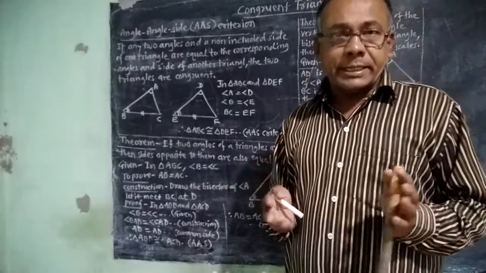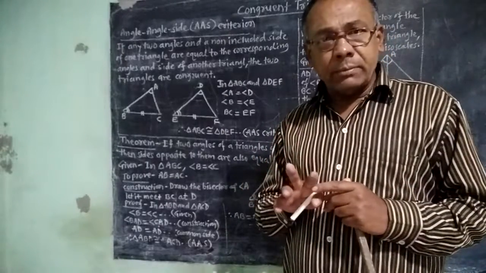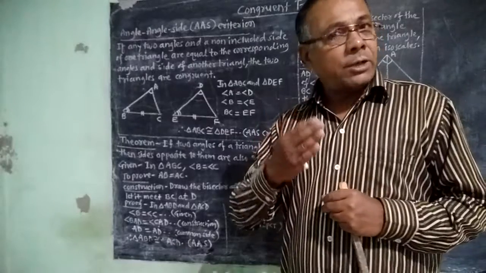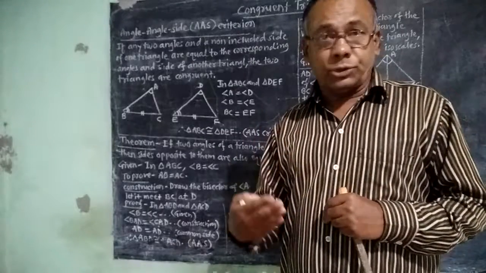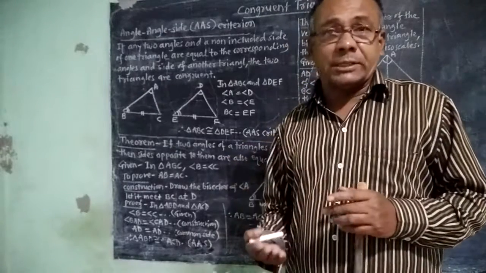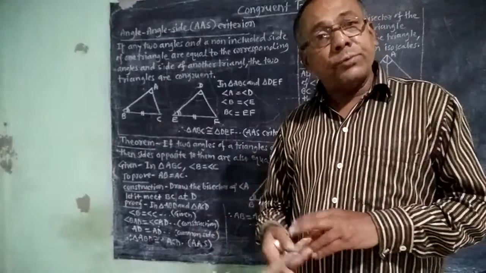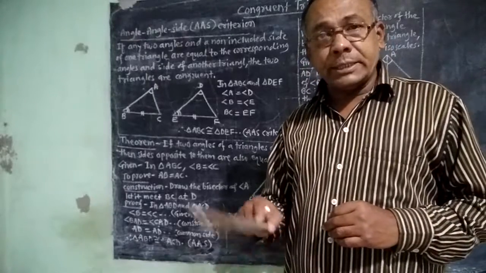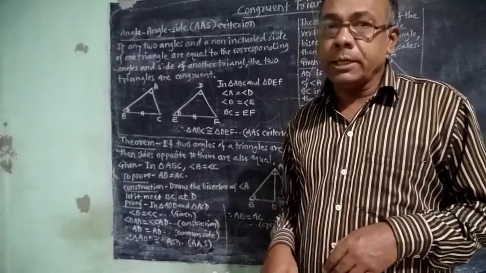This means that if two sides are equal, the triangle is isosceles, and in an isosceles triangle the angles opposite to equal sides are equal. We applied the SAS criteria to prove this theorem.